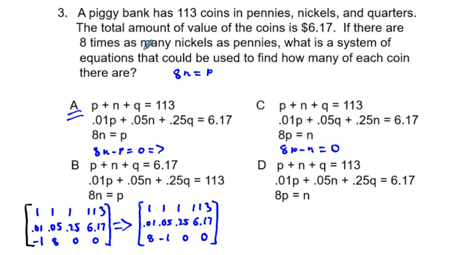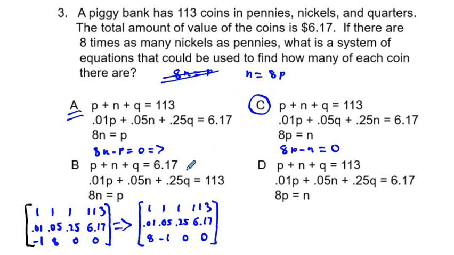To have 8 times as many nickels as pennies, you have to multiply the pennies by 8 to get the nickels. And so this is not going to be the correct solution. The correct equation is that your nickels are equal to 8 times the pennies. And so that's fundamentally why C is your right answer.